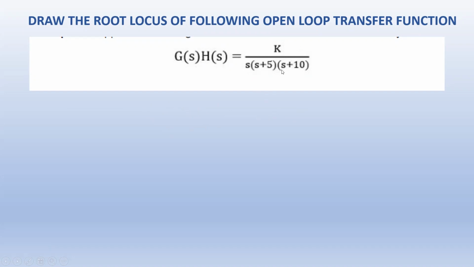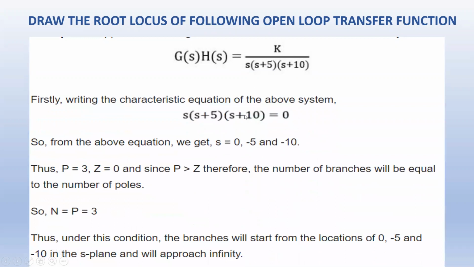If we see this open loop transfer function, we have no zeros, and we have three poles, that is s equal to 0, s equal to -5, and s equal to -10. So we have three branches for this open loop transfer function.